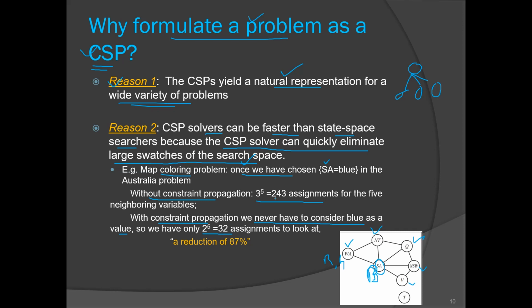So we can reduce from this many assignments to these assignments. That means we have a total of 87% reduction. So that's the benefit of CSP. It can eliminate a large number of states from the search tree, thereby our search becomes very narrow and efficient. That is the advantage of formulating a problem as a CSP.